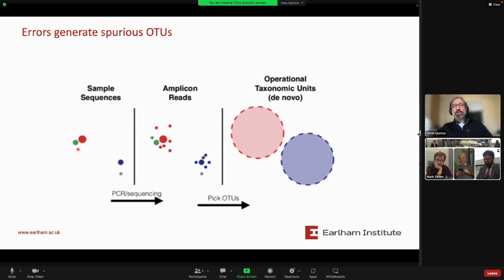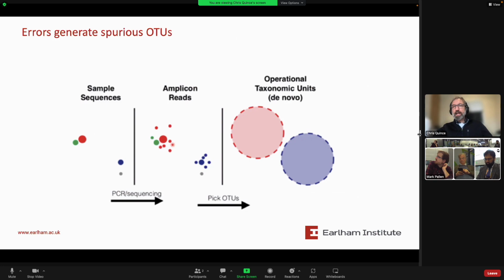And they occur in different frequencies, reflecting the different abundances in the community. Although, as we will talk about, once you've done PCR, the abundance of the post-PCR products does not necessarily faithfully reflect the original abundance in the community. So you do PCR and then you do sequencing.